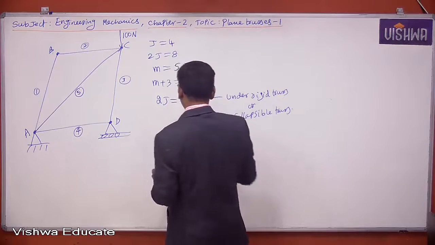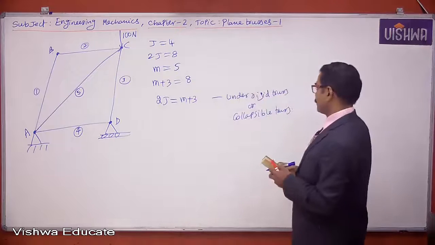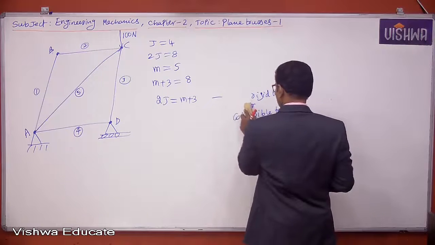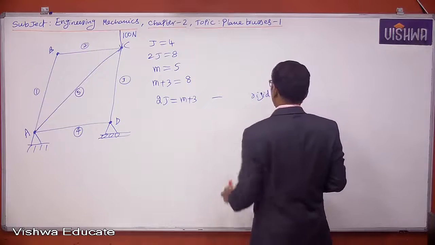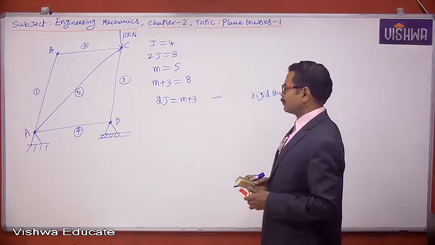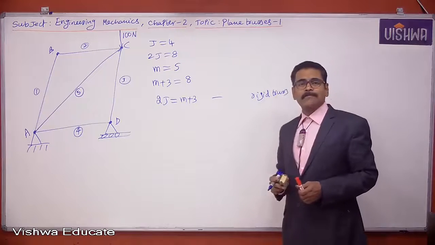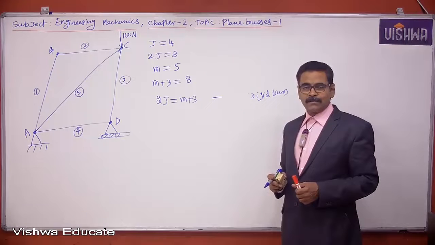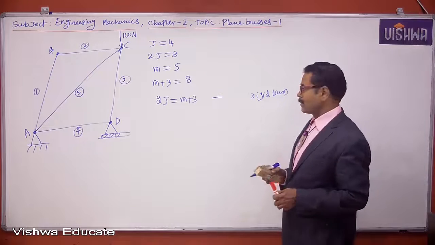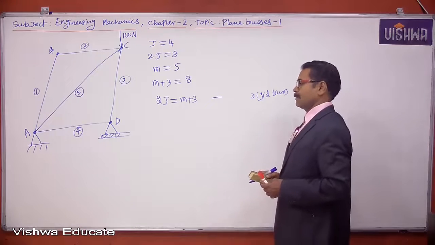Hence 2J is equal to M plus 3. So this is definitely a rigid truss or perfect truss. Since 2J is equal to M plus 3, the given truss is a rigid truss or perfect truss.